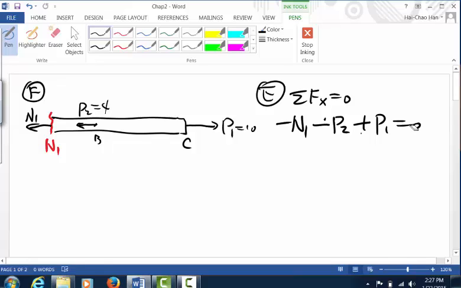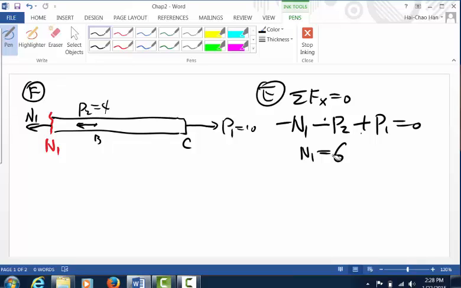Okay, so we know all the values. Now can we jump one step, say, what's the N1 value? It's 6, right? Negative or positive? It's positive. See here, negative N1, negative 4 plus 10 equals 0. So therefore, N1 must be positive 6. That means what I assumed is correct, the pulling way.